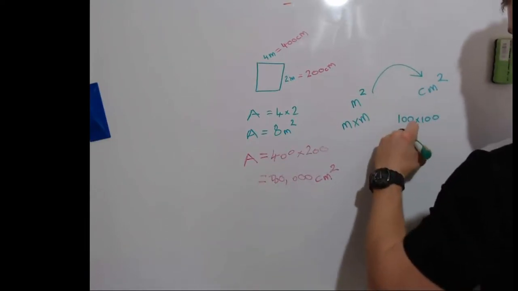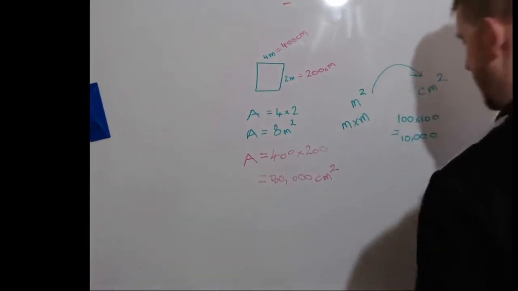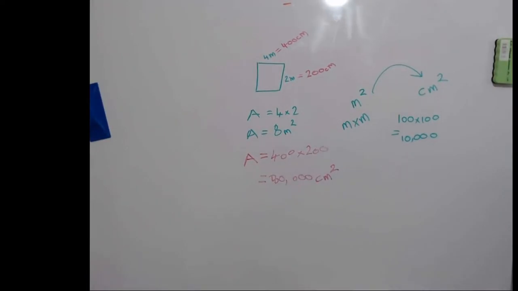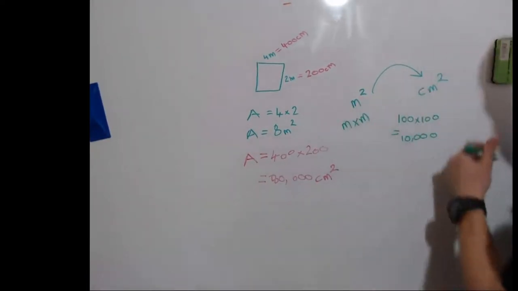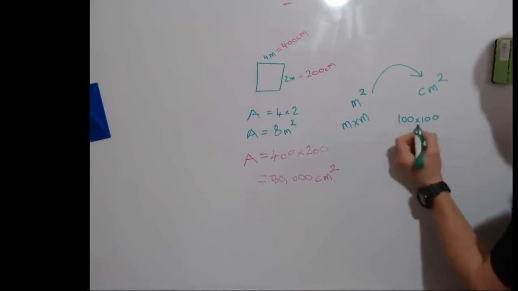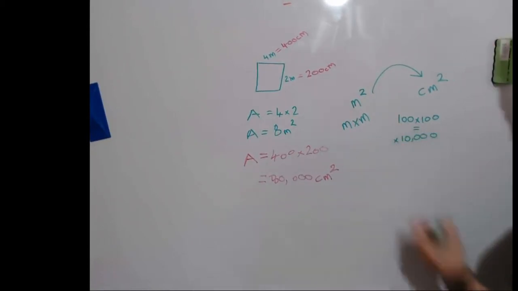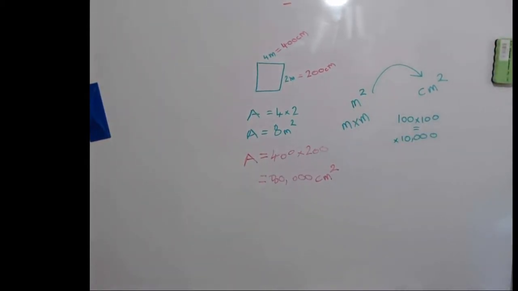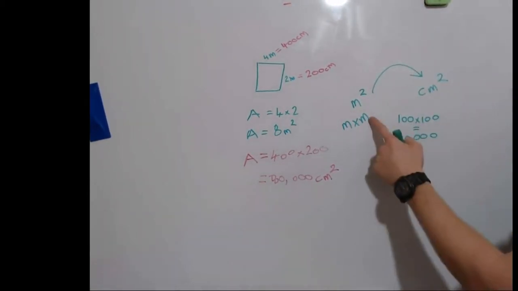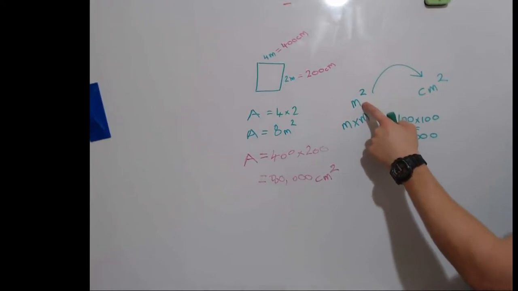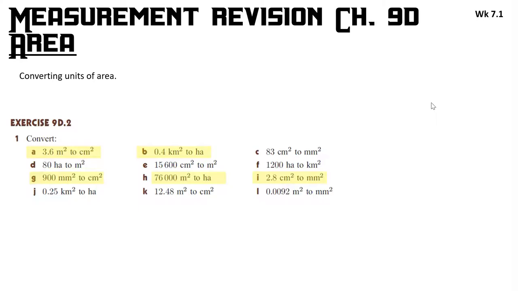So that actually equals 10,000. So to go from meters squared to centimeters squared, I times by 10,000, as opposed to just adding the zeros to my answer. It's very different because it's squared.